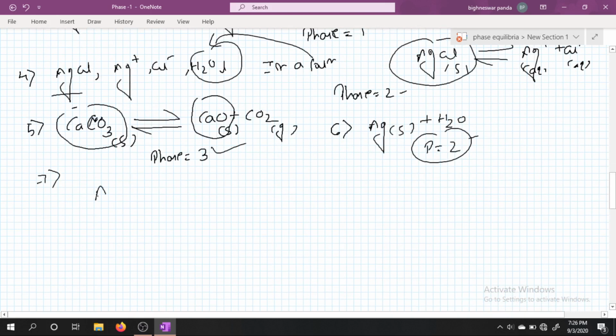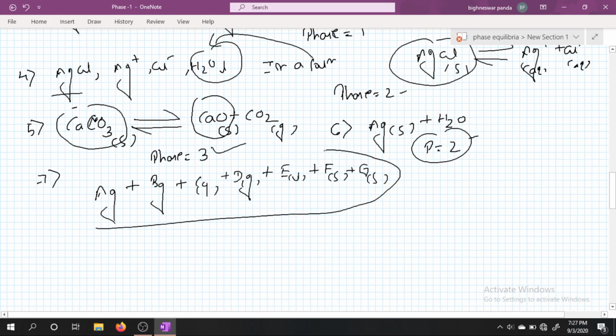Consider a system containing A gas, B gas, C gas, D gas, E liquid, F solid, G solid. Calculate phase for this system. How many phases are there?